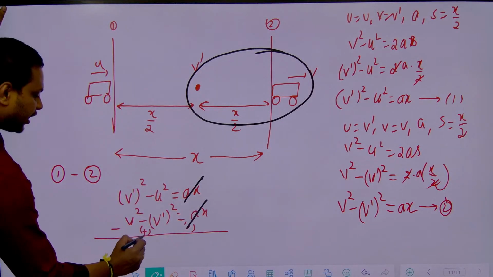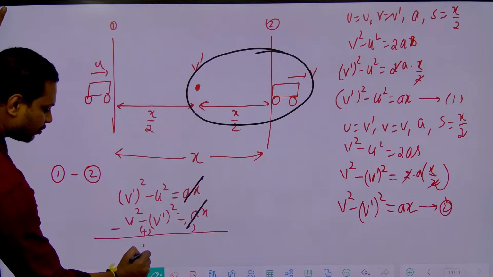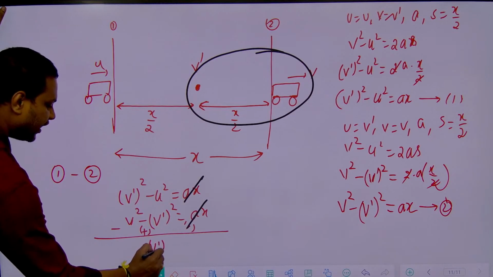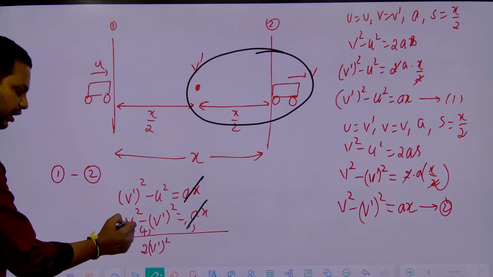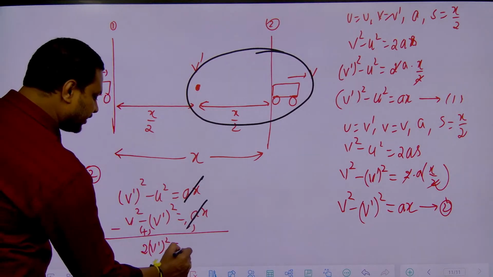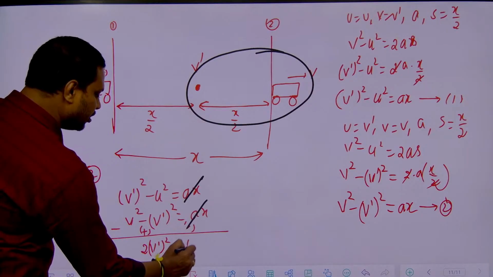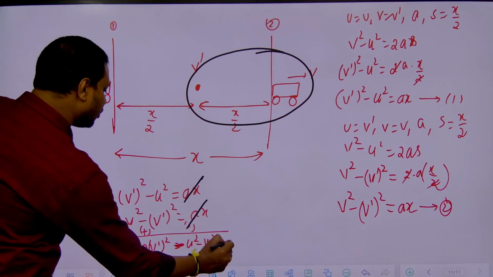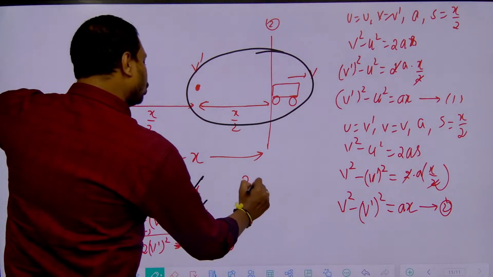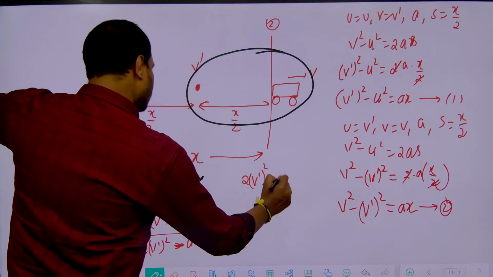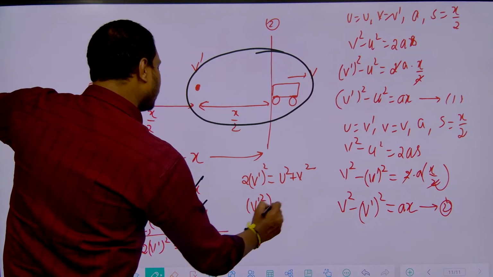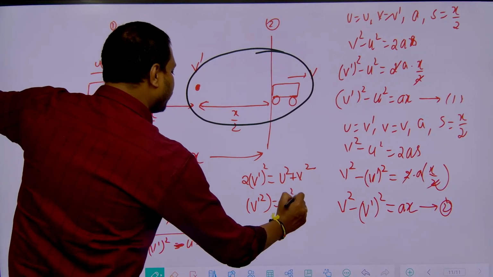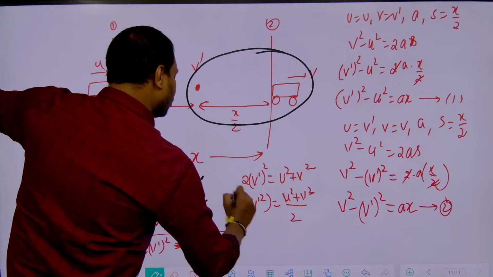Then you can write it as v dash square plus v dash square, total 2v dash square, equal to u square plus v square. Or v dash square is equal to u square plus v square by 2. Remember this shortcut.